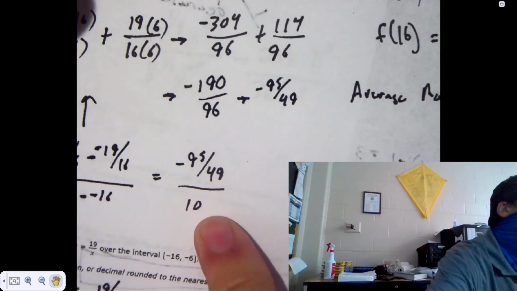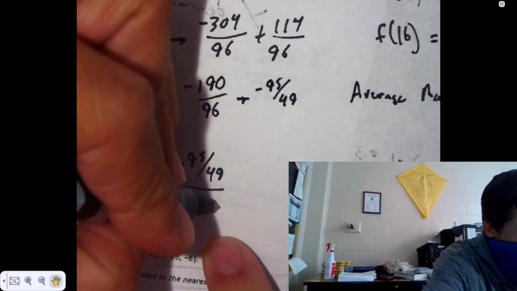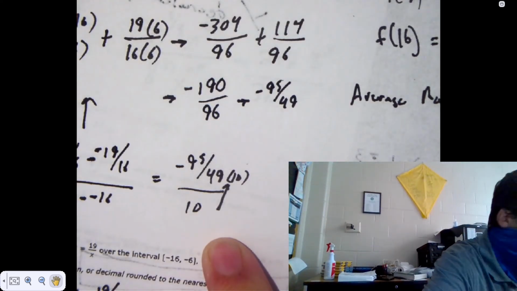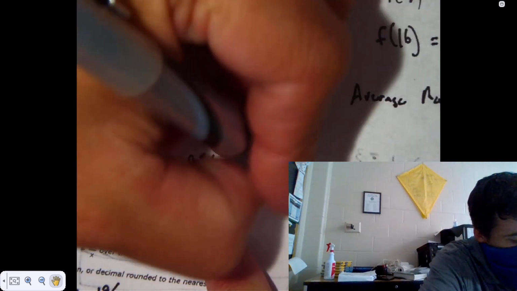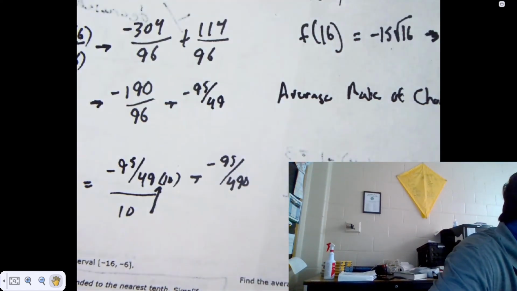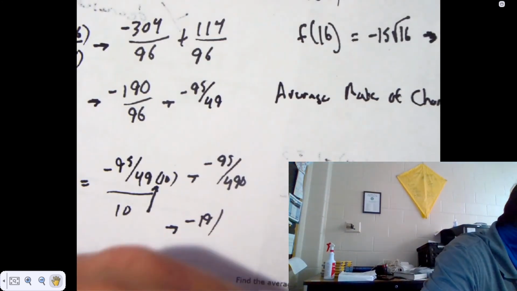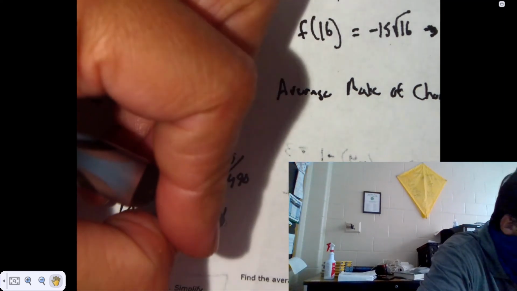A shortcut I learned a long time ago is that division happens in the denominator. So you can actually move that 10 on up and change it to multiplication. This becomes negative 95 over 490. Both those numbers are divisible by at least 5. Negative 95 divided by 5 is a negative 19. And the other guy would be 99. No, sorry, not 99, 98.